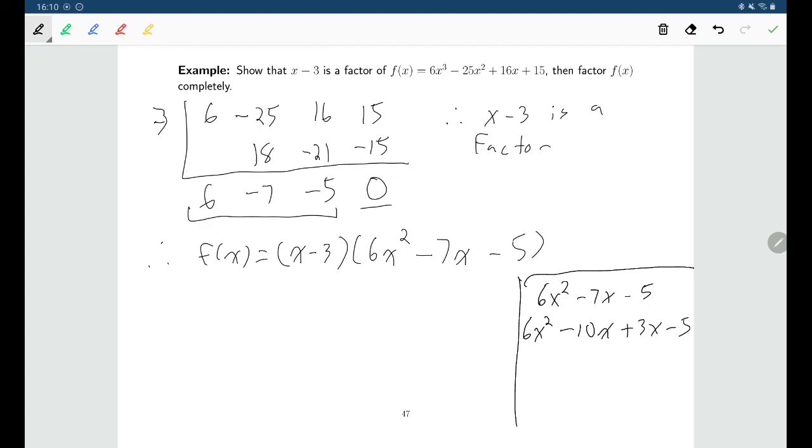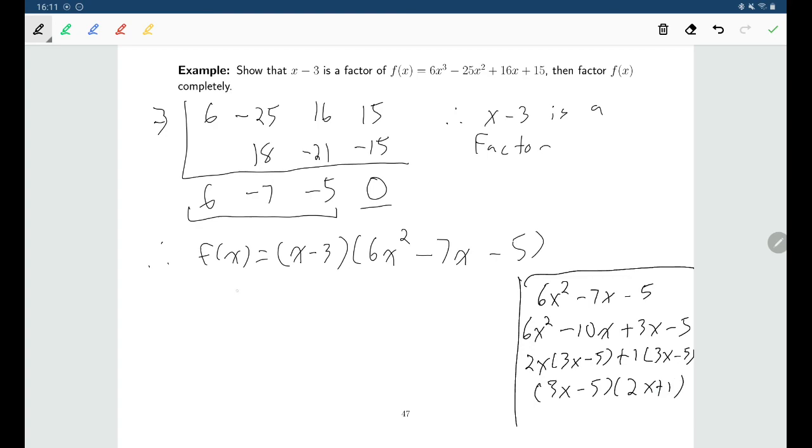Then we could factor by grouping, taking 2x out of the first two terms, leaving 3x minus 5. The last two terms I could factor out a positive 1, leaving 3x minus 5, which means that 6x squared minus 7x minus 5 factors as 3x minus 5 times 2x plus 1.